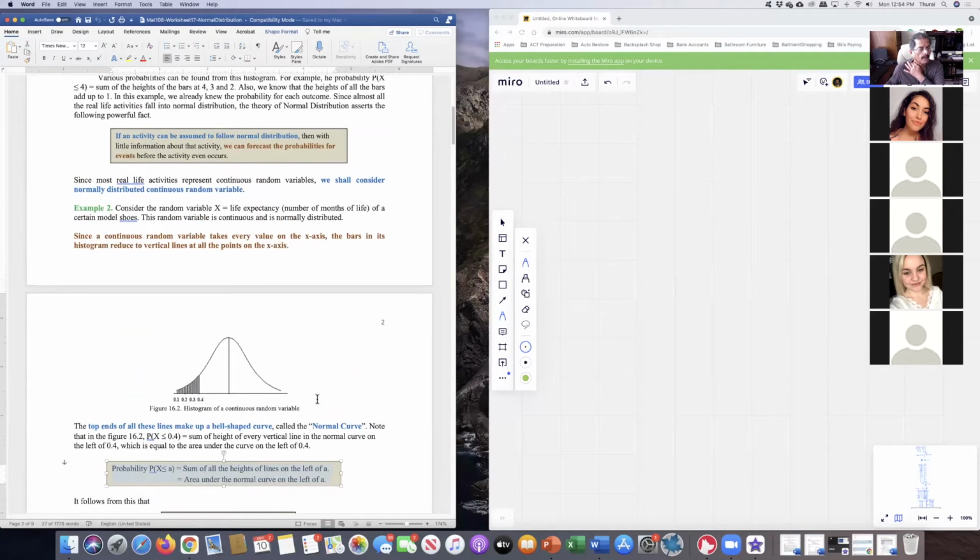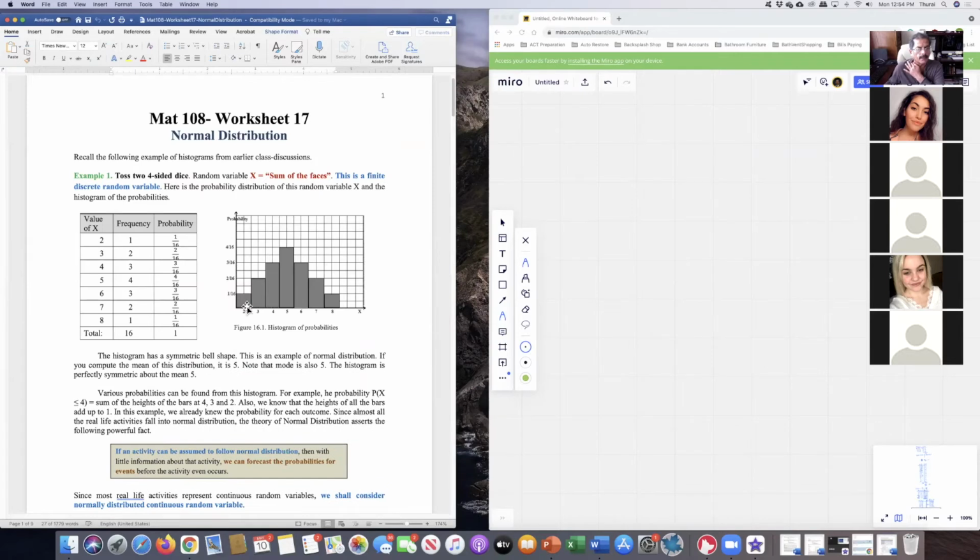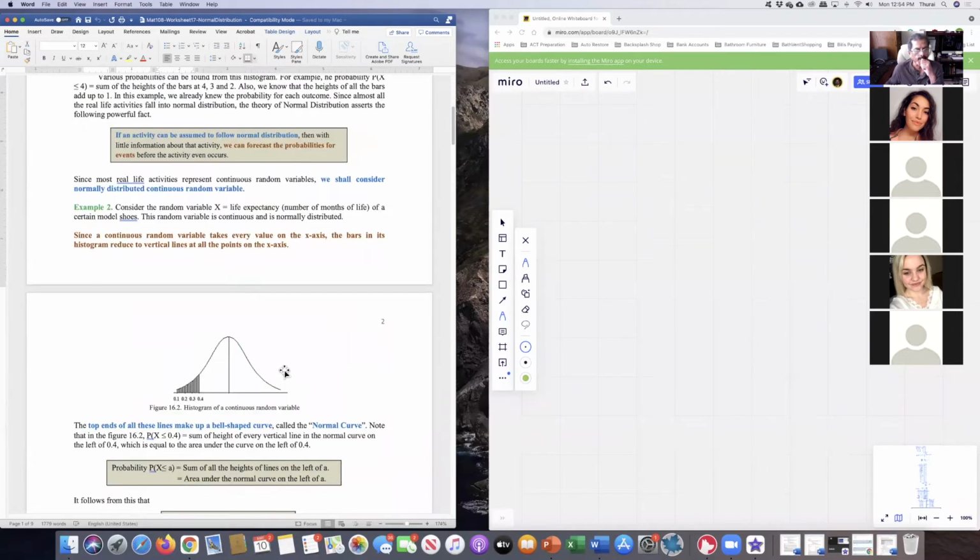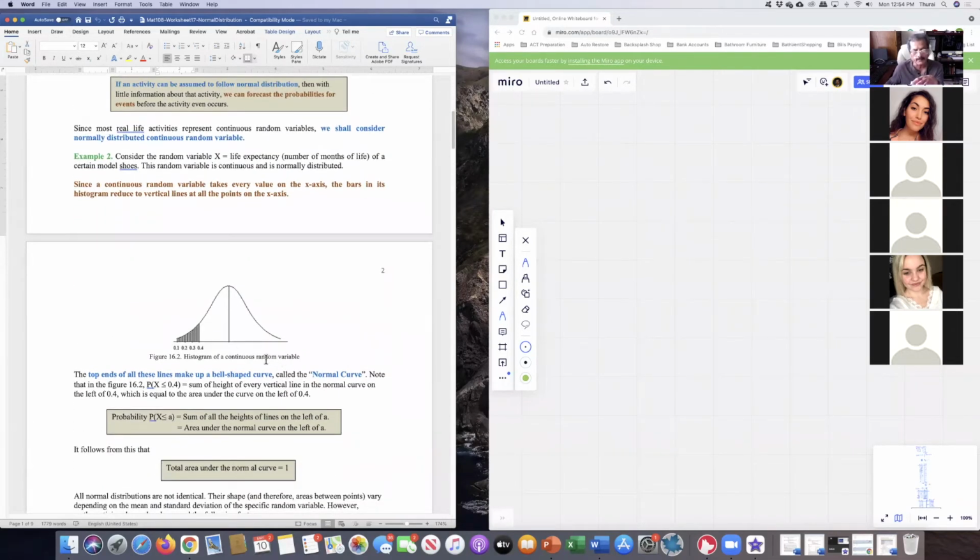But we already know that, going back to this, the vertical heights of these bars represent probability for each data, and those probabilities add up to 1. Already we see that here, they add up to 1. So probabilities, which are the same as heights of the bars, always add up to 1. Going back to this histogram, this is also a histogram, but it happens to be a histogram of a continuous random variable.